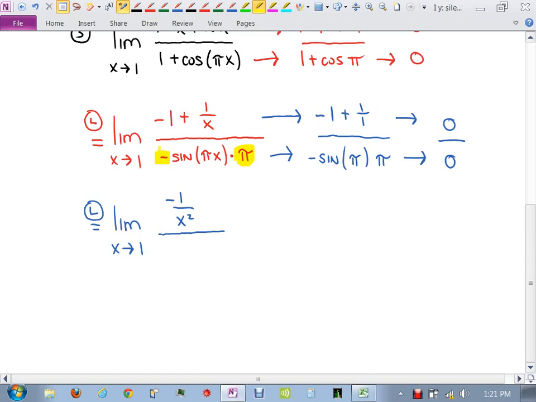That's negative pi. That's like a constant sitting out front. So I'm just going to put it out there. Negative pi is just sitting there. But then times the derivative of sine is cosine of pi x. But then chain rule says now the derivative of what was inside the sine. So what's the derivative of pi x? Pi again.